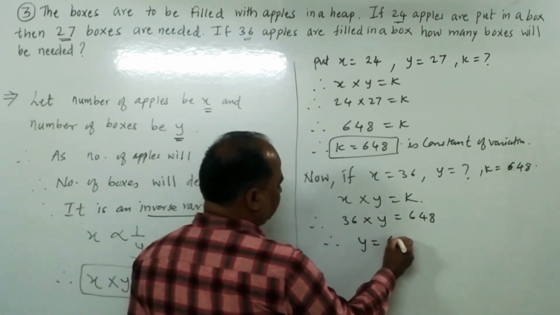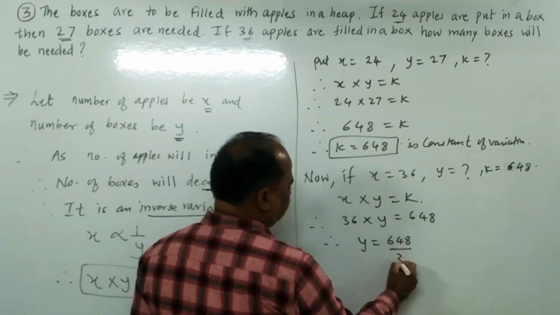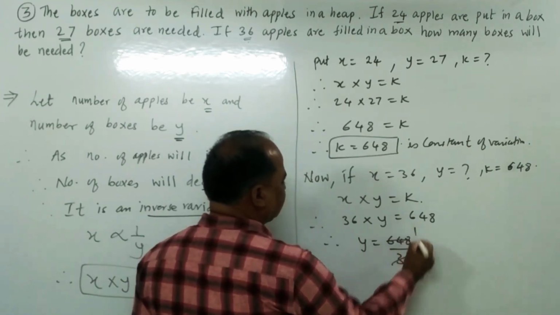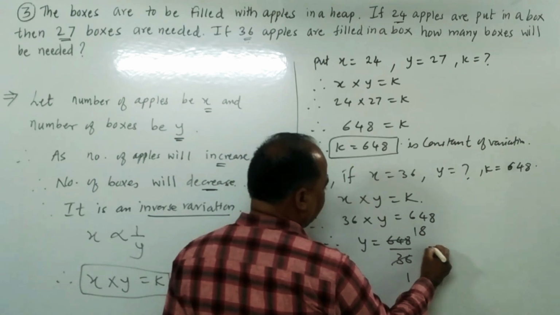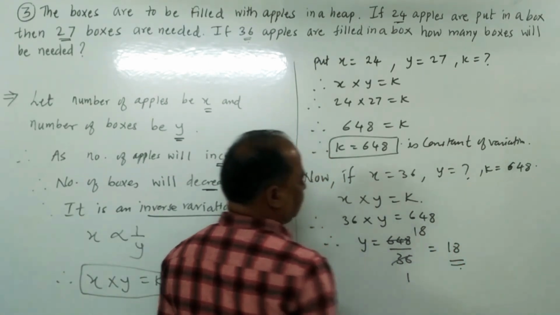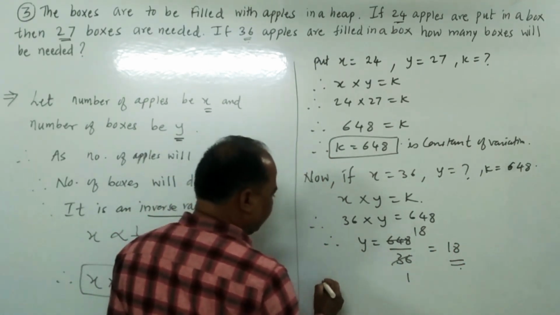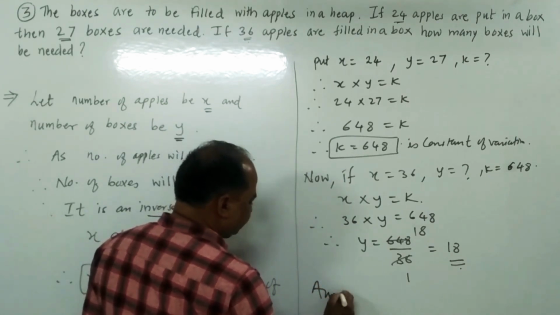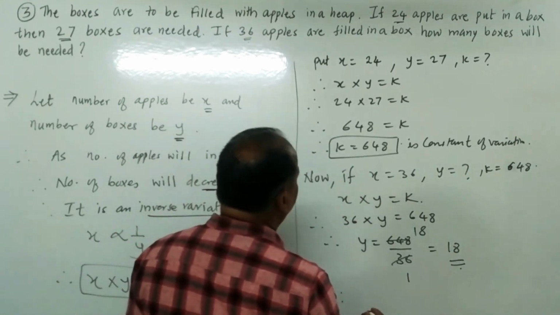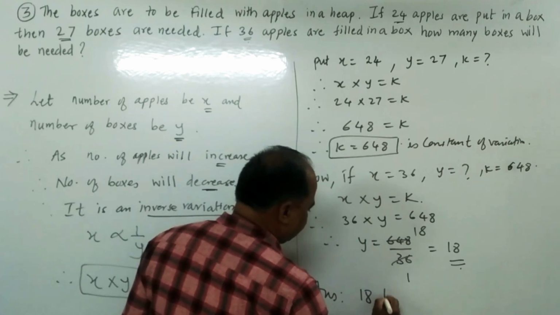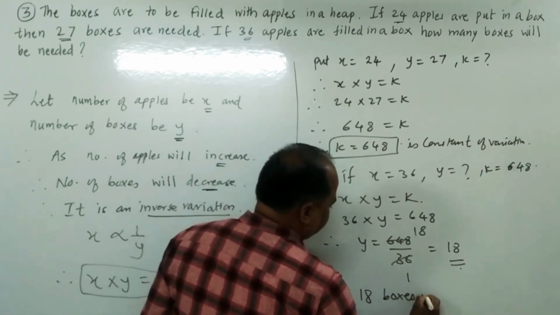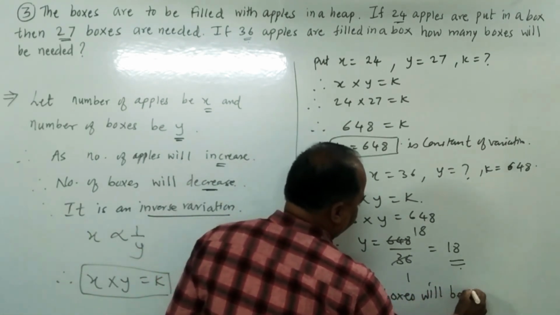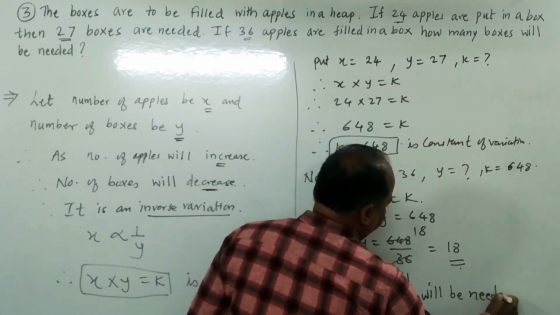Therefore y is equal to 648 upon 36. 36 1s are 36, 36 8s are 288, so 18. So y is equal to 18. Therefore the answer is 18 boxes will be needed.